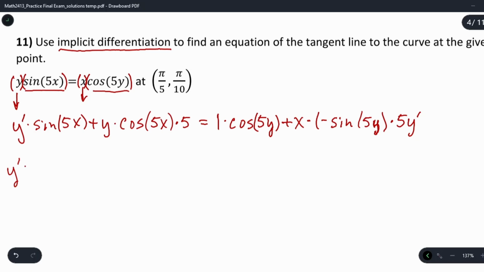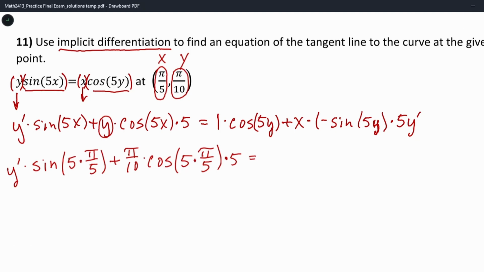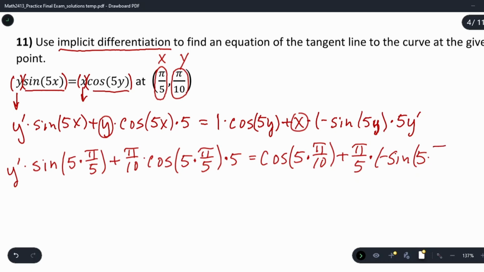Alright, so that'll give us y prime times sine of 5 times x, where x is pi over 5, plus y, that is pi over 10, times the cosine of 5 times x times 5, and then on the other side, 1 times anything is itself, so that'll be cosine of 5 times y, plus x, we have an x by itself, times negative sine of 5 times y times 5y prime.